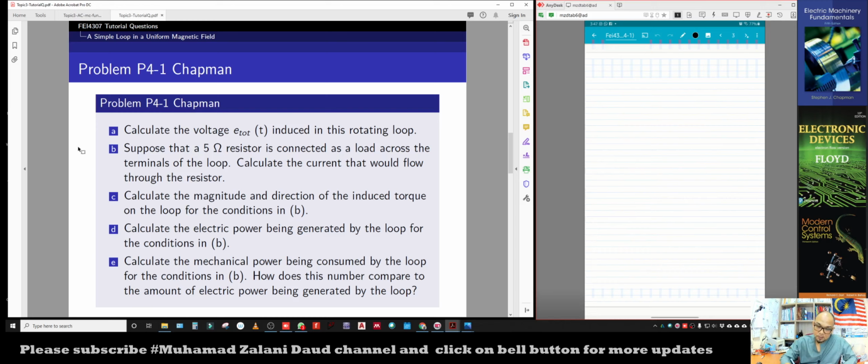Then what is the question for C? The induced torque. Calculate the magnitude and direction.